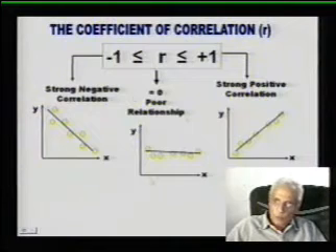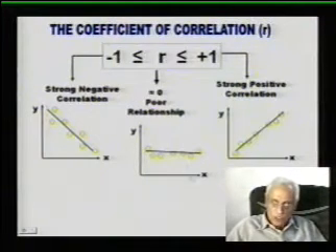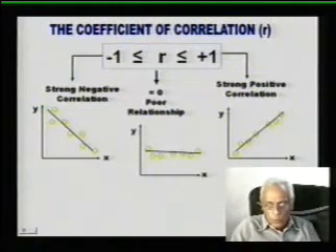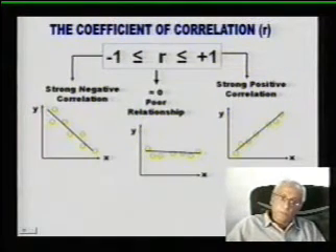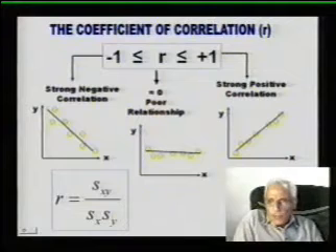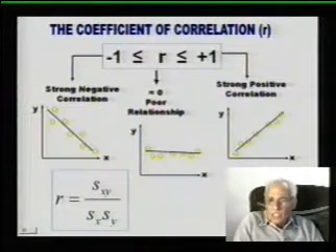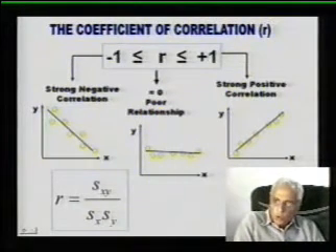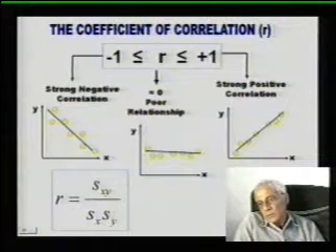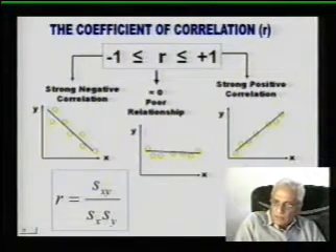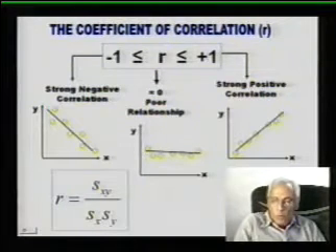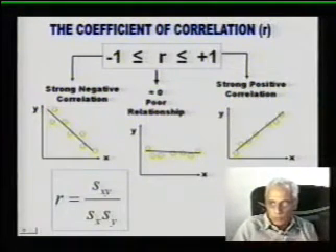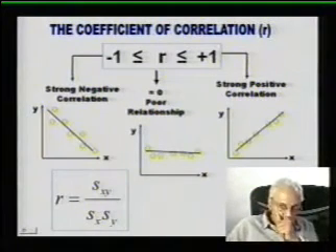We know what happens when the correlation coefficient is 0. But now we're going to define it mathematically or statistically. The coefficient of correlation is equal to the so-called SXY divided by SX times SY. When we say S, as we always did, we mean a standard deviation. It's a sum of some form. So let's see this.